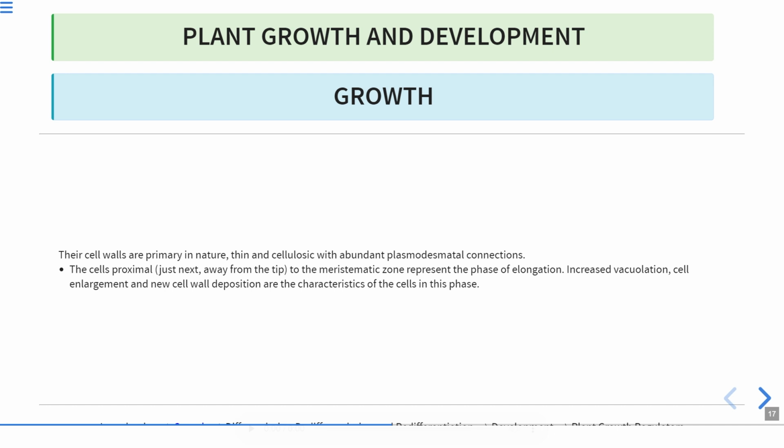The cells proximal to the meristematic zone, just next to the tip, represent the phase of elongation.